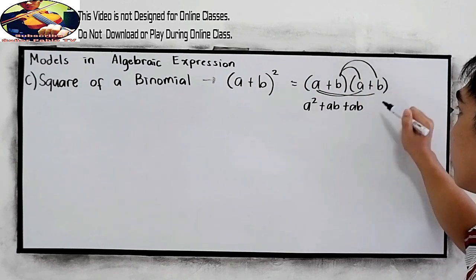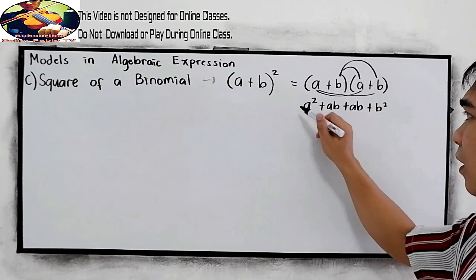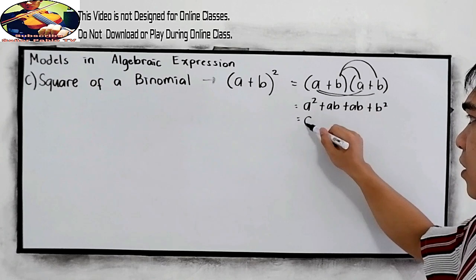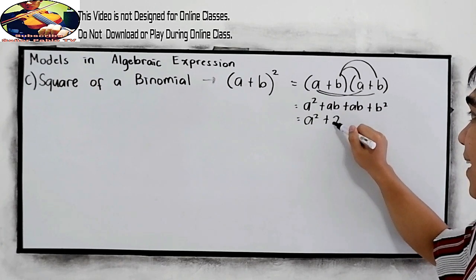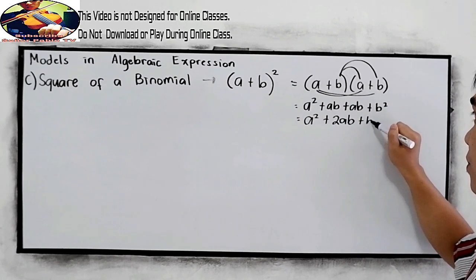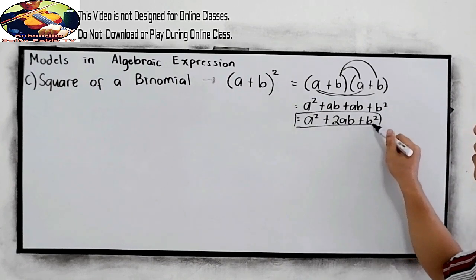And b times b, that is positive b squared. This is now the product. Then, combine like terms. ab plus ab, that is 2ab. Then plus copy b squared. So, this is the final answer.